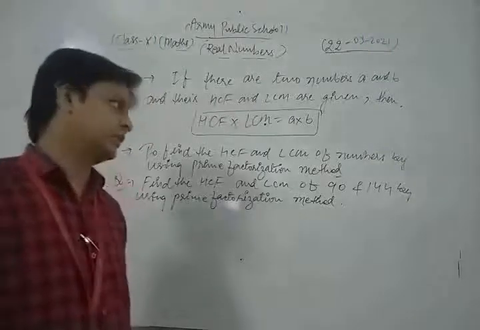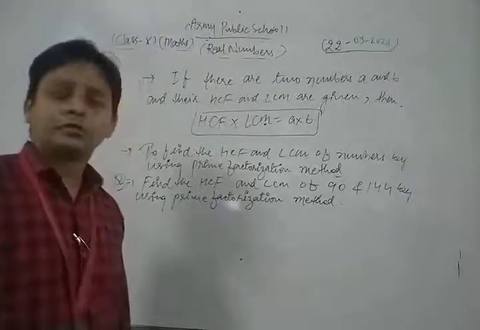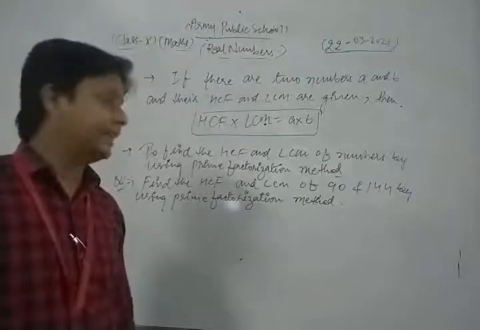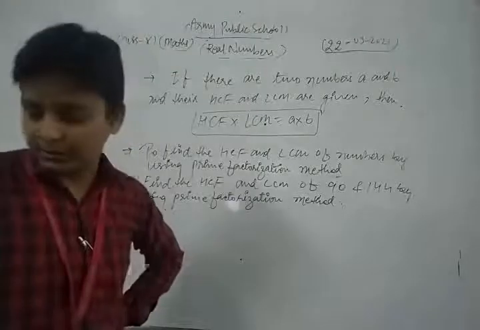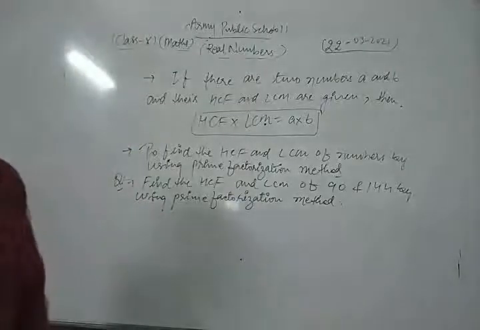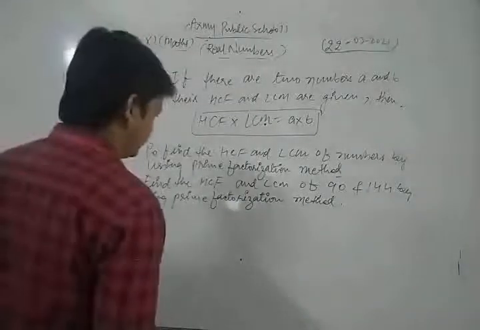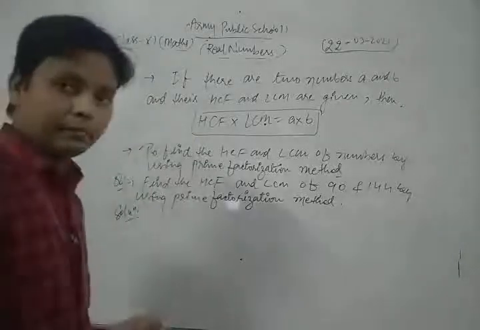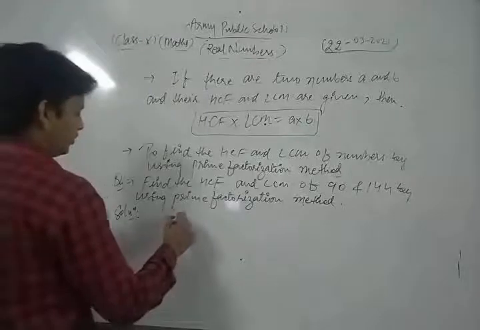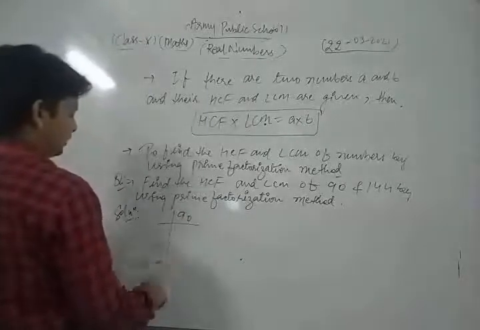Now, let's see the solution. First of all, in finding the LCM and HCF of these numbers by the prime factorization method, we do their prime factorization. For that, first we factorize 90.